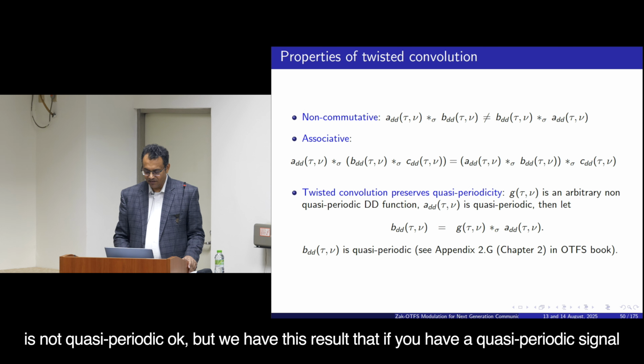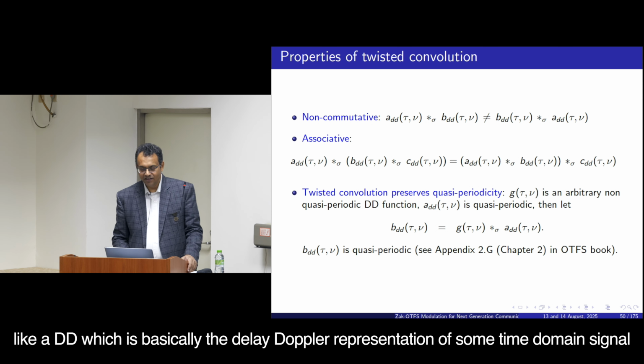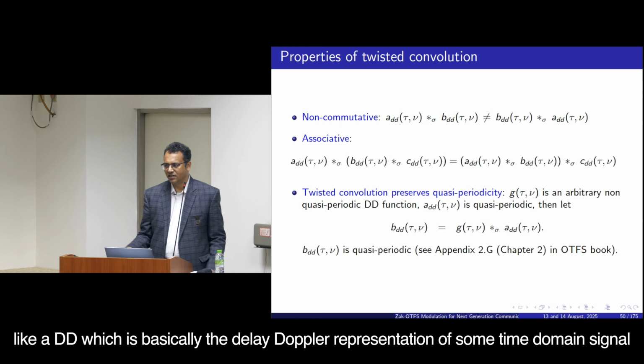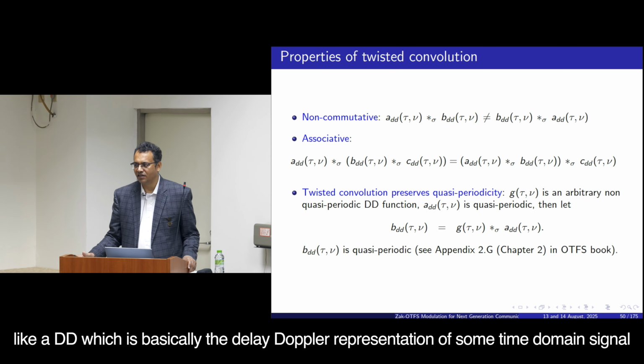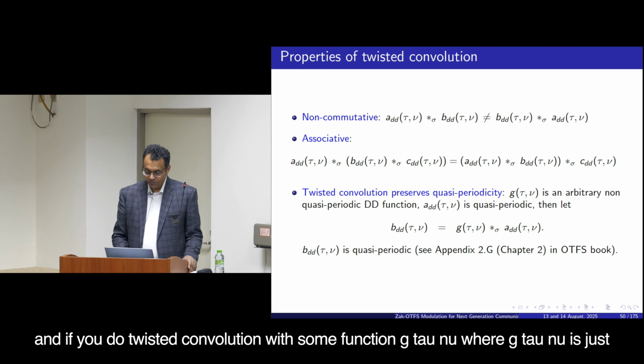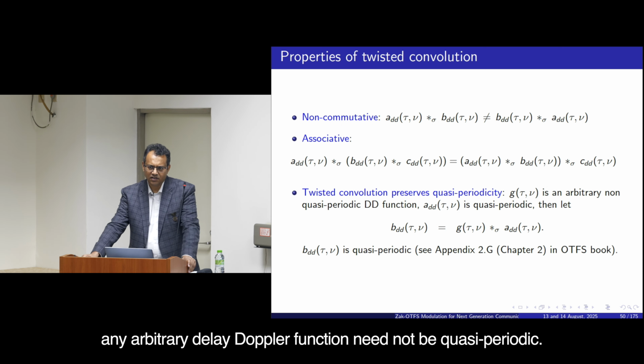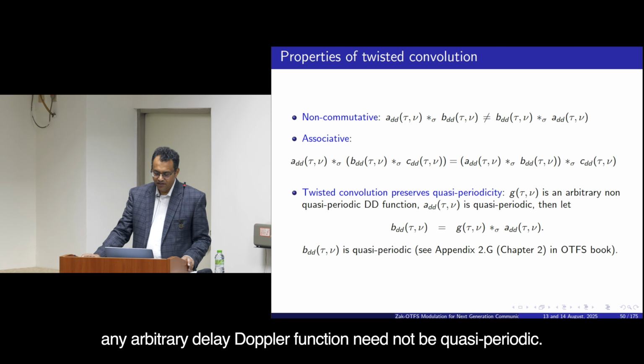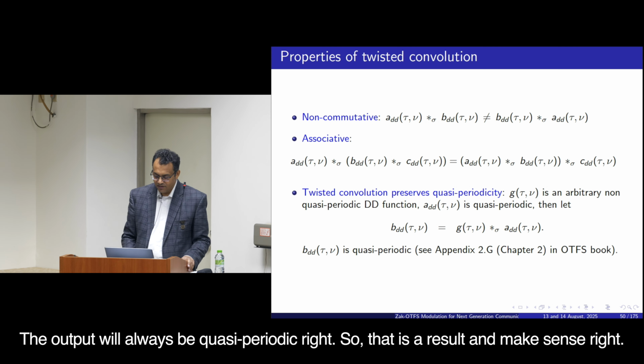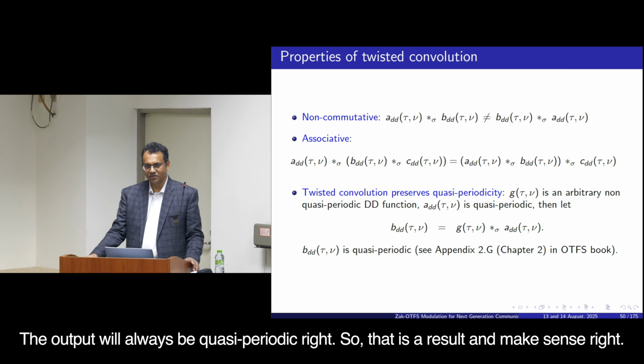But we have this result that if you have a quasi-periodic signal like XDD, which is basically the delay Doppler representation of some time domain signal, and if you do twisted convolution with some function g tau nu, where g tau nu is any arbitrary delay Doppler function, it need not be quasi-periodic, the output will always be quasi-periodic, right. So that is the result, okay, and it makes sense, right.